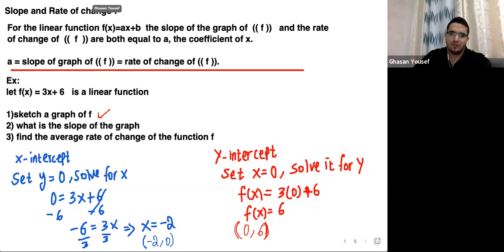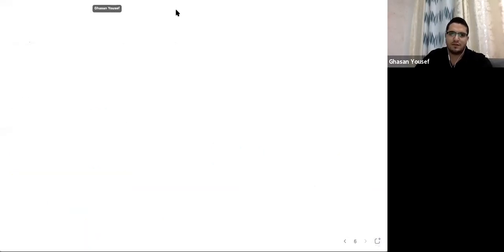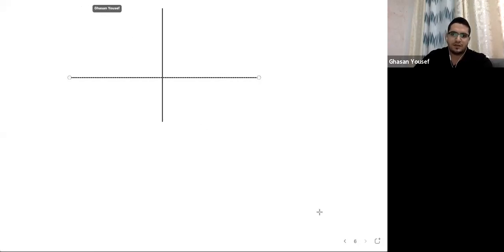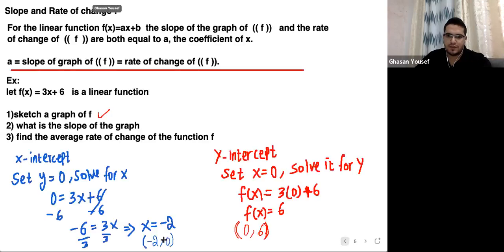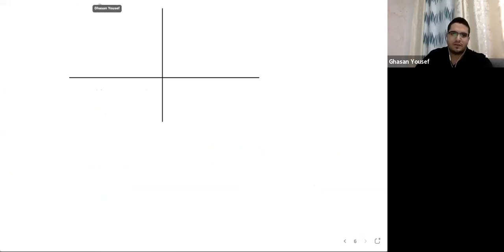So my Cartesian plane now looks like this. The first point is (-2, 0).